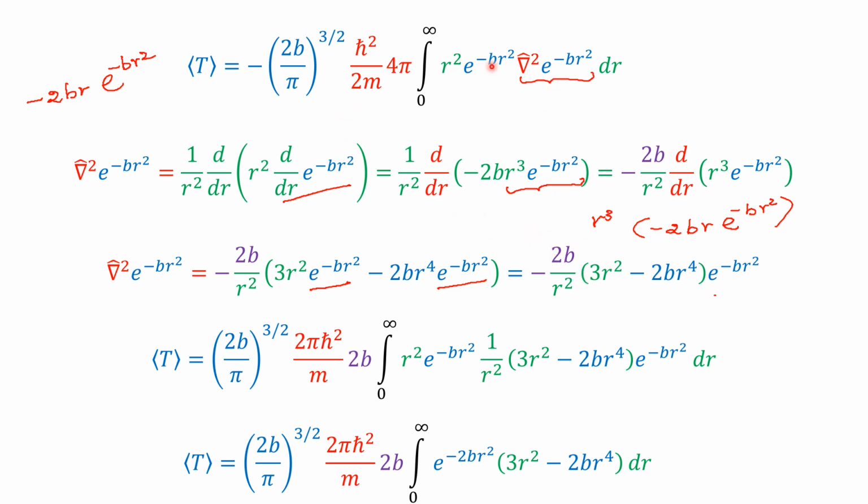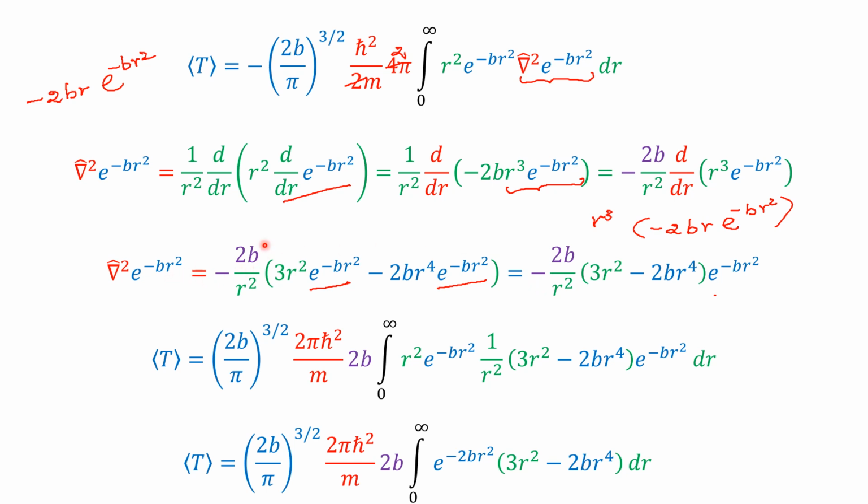Substitute this here. First, you simplify the terms outside the bracket. This 2 and 4 will get cancelled. You will get 2, so in the numerator, you have 2 pi h cross squared over m, because 2 got cancelled. And here you have minus, and here you have minus. Minus of minus will become plus.